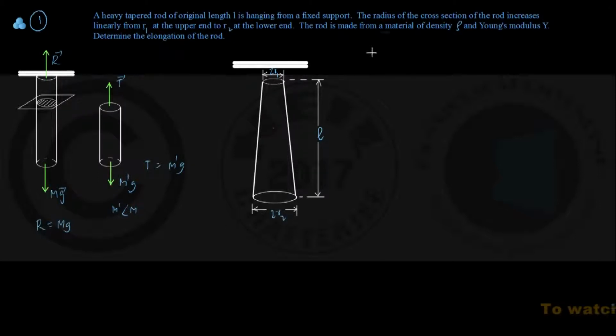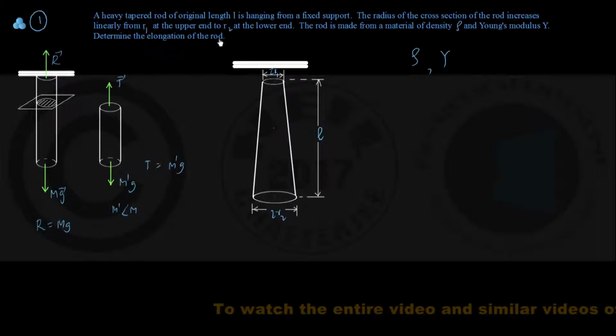And they have mentioned the rod is made from material of density rho and Young's modulus Y. Let me write it somewhere. Density is rho, Young's modulus is Y. We have to find out the elongation of the rod under its own weight.